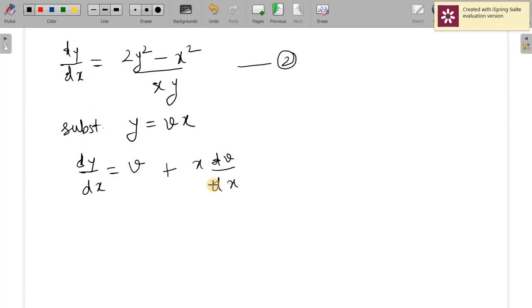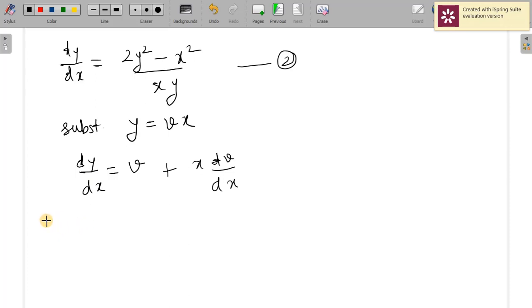While substituting, remember that you need to eliminate y. Instead of y, we will have v, so wherever there is y, you substitute vx.